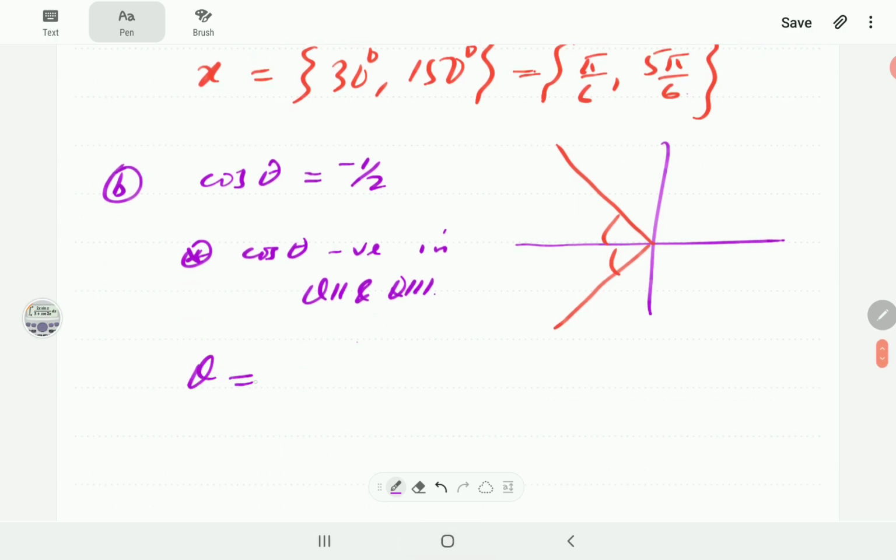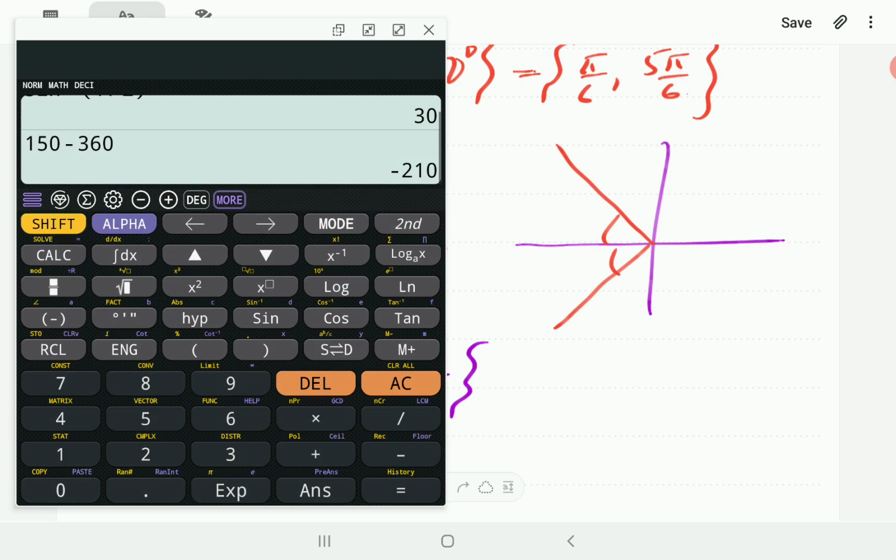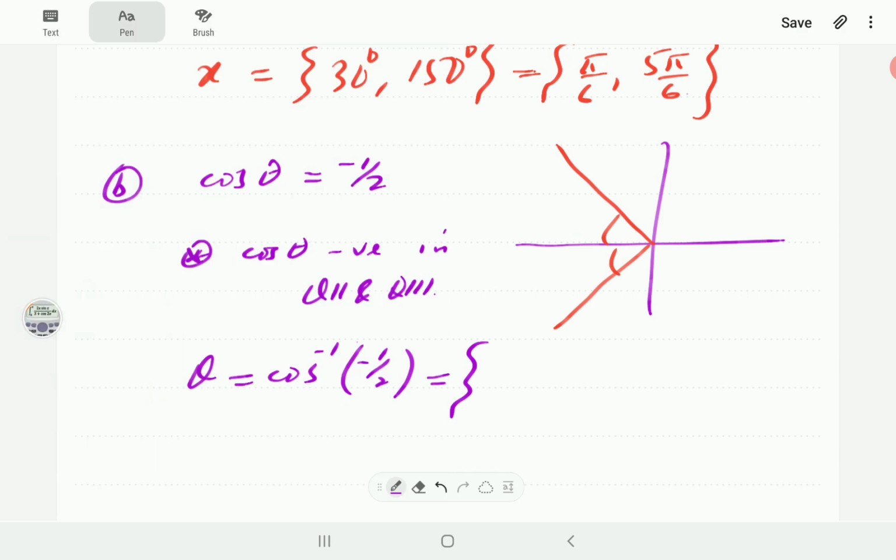Then we're going to make theta the subject by moving cosine to the other side. So we're going to have inverse cosine of -1/2, which we punch in the calculator. That gives us 120. 120 is in the second quadrant, so we have 120 here.